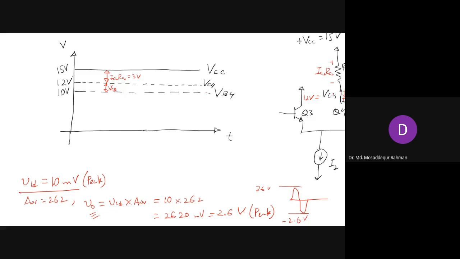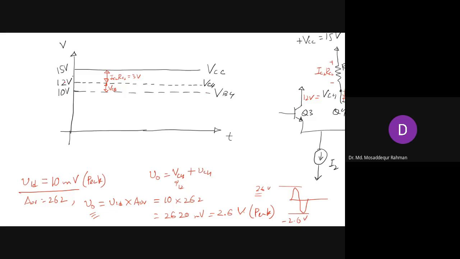Now, VC4 is our DC bias voltage, and superimposed on top of this will be the AC signal voltage with a peak magnitude of 2.6. So the output voltage will basically have a DC voltage VC4 and then an AC signal voltage of 2.6 peak value. So this is fixed at 12 volt and superimposed on this is a peak value of 2.6 volt AC signal voltage.